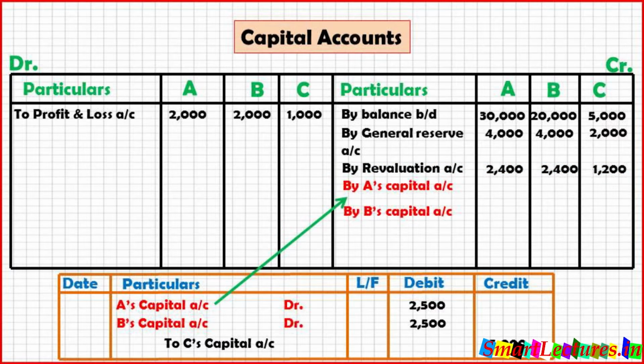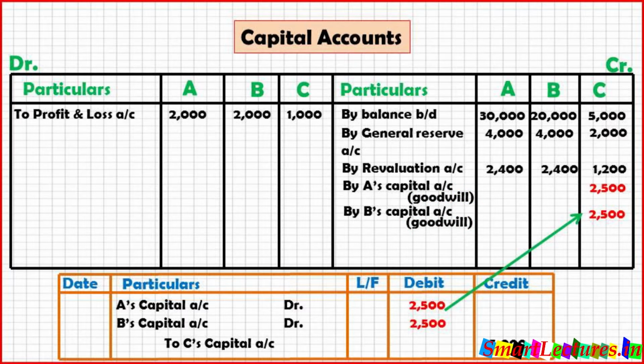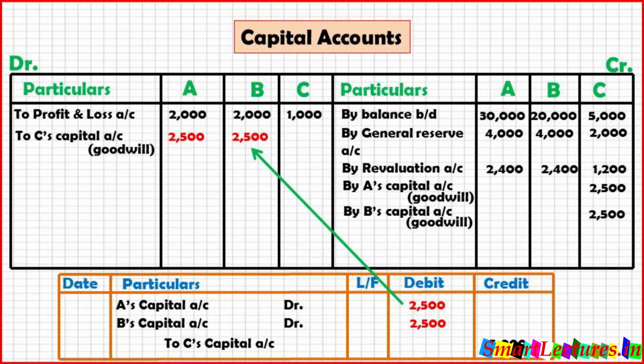Then by A's capital, by B's capital, and write down goodwill in the inner column. So come to C's column, 2,500, 2,500. Now come on the debit side to C's capital. In the inner column, please write down goodwill and 2,500 in A's column, 2,500 in B's column.